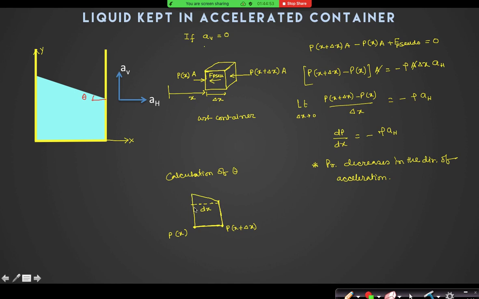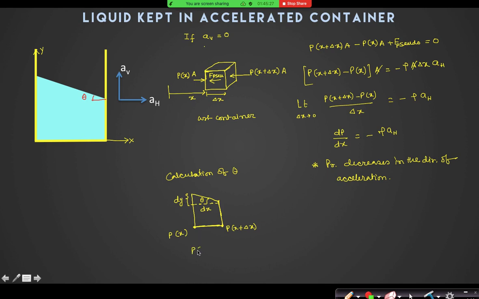Pressure at this point P of x is more than P of x plus delta x. Why? Because the height above P of x is more than the height above P of x plus delta x. And what is the difference in that height? This dy, right? And this angle is theta. So the difference in this pressure is due to the difference in this height dy.